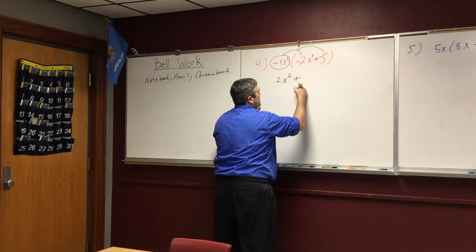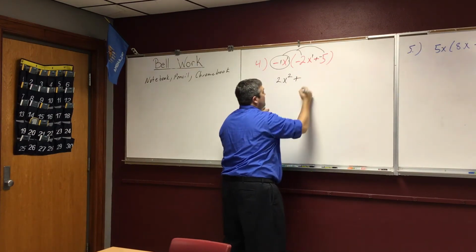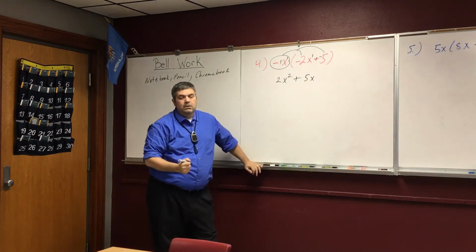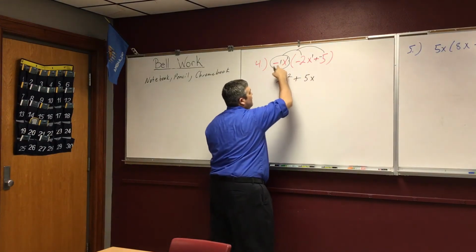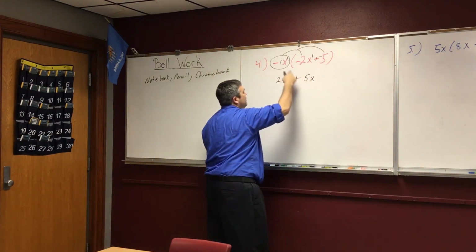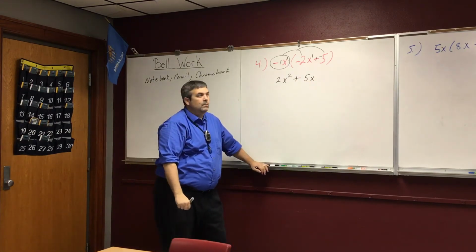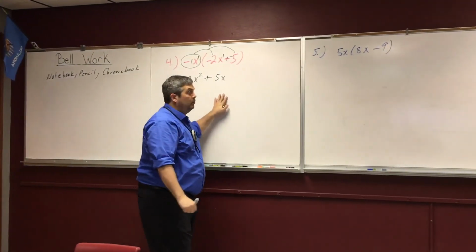Plus, bring that down. Negative 1x times negative 5, 5x. That's all that's happening here. That 1 times that 5 gets me 5. Negative times a negative gets me positive. I still have that x that's attached to it, and I have it right there. Guys, I'm telling you, we can do this. We need practice, but we can do it.